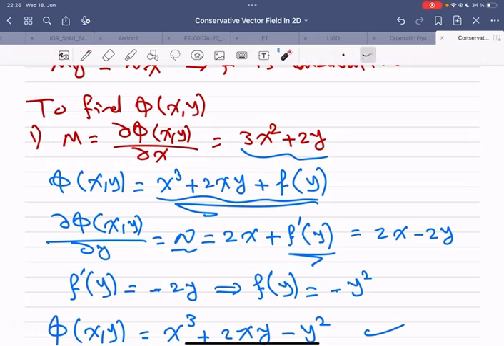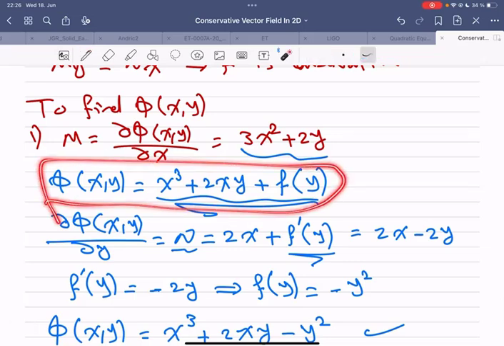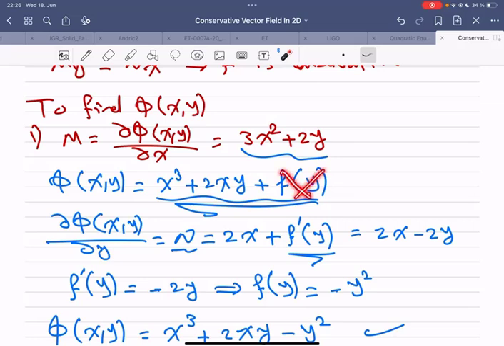Second method. This part is the same, but instead of putting f y here, we will not put it here. Why? Because we will get phi xy again from n and then compare them to each other and take the union.